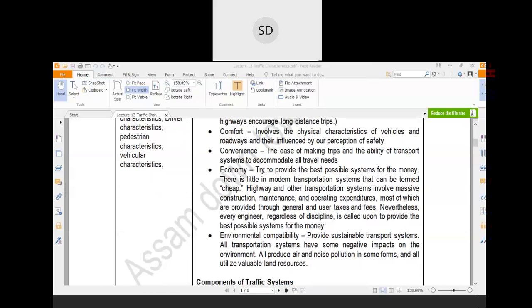Then economy is trying to provide the best possible system for the money. There is little in a modern transportation system that can be termed cheap, but highway and other transportation systems involve huge construction, maintenance, and operating expenditure.